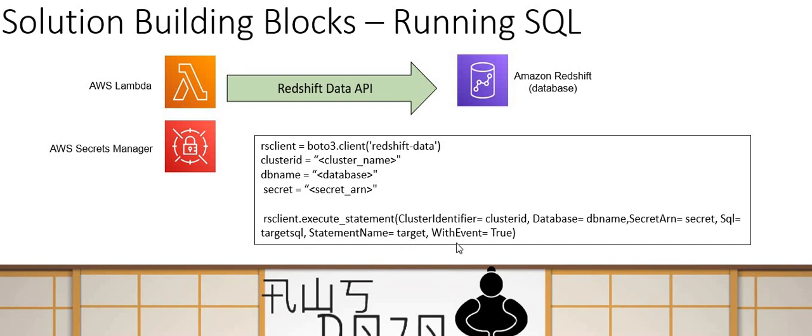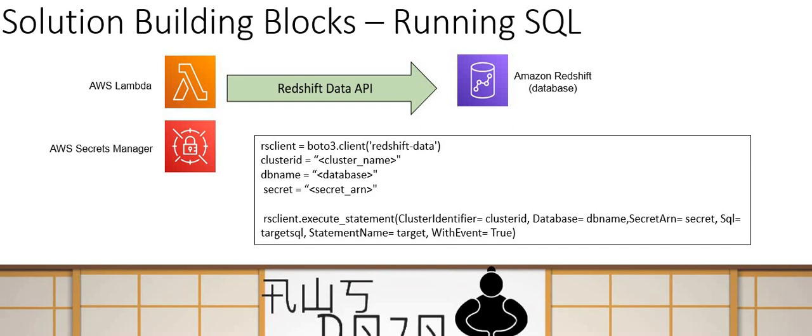And then you also configure the WithEvent method. Later I'm going to show that we are going to use EventBridge for the orchestration. When you use this with event equal to true, then when the execution status changes for this statement, EventBridge will get the events for that, and those events can then be used for the orchestration purpose.